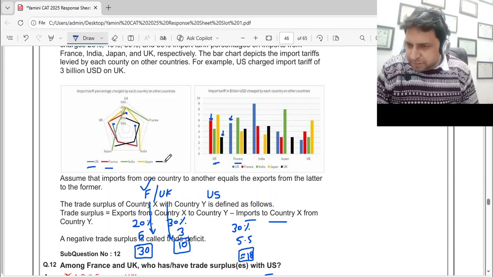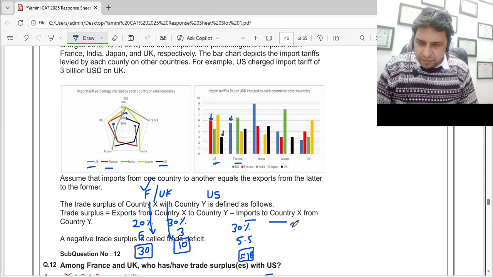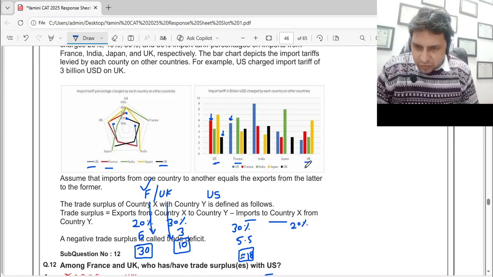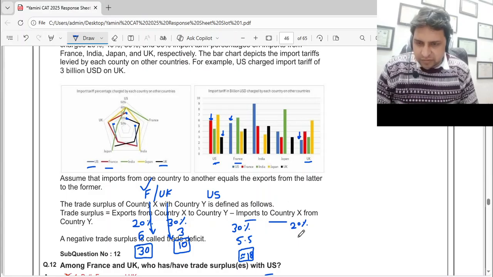UK is here. With US it is 20%, and UK with US this is 2.5. So if 20% is 2.5, 100% is 12.5. Now there's a deficit.